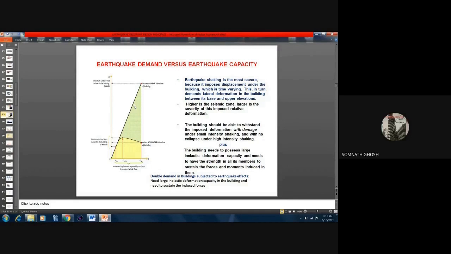The higher the seismic zone, the larger the severity of this imposed relative displacement. The building should be able to withstand the imposed deformation with damage, mind it, with damage, under small intensity of shaking, and with no collapse under high intensity of shaking.